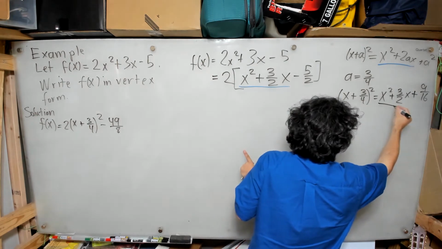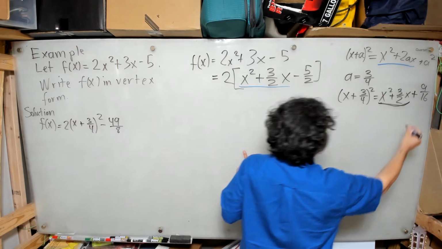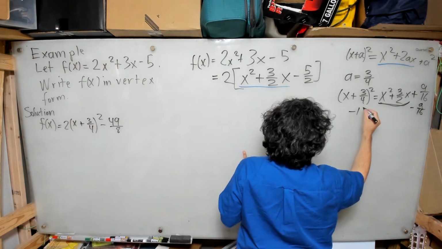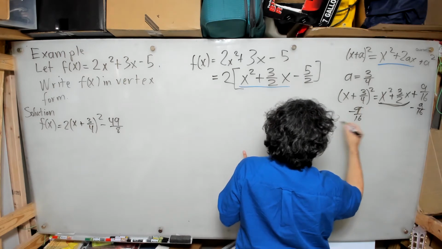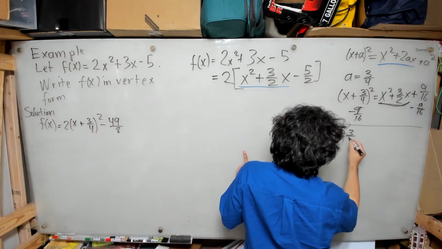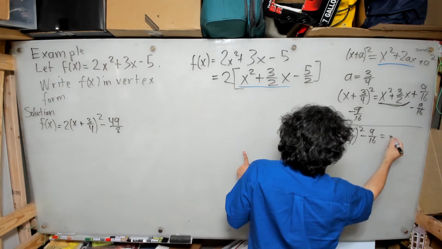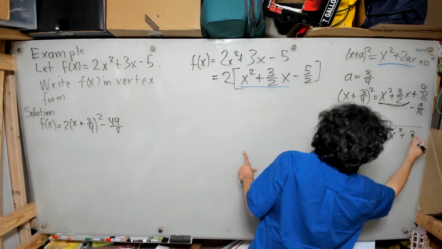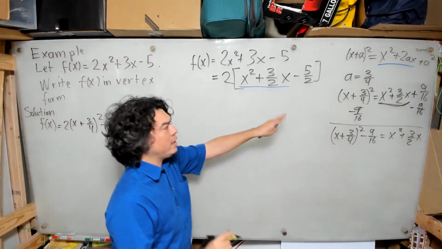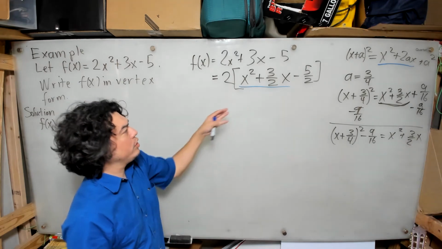But we're where we want to be now, because look at this. I can solve for this expression if I subtract the 9/16 from the other side. So minus 9/16, and we get x plus 3/4 squared minus 9/16 is equal to x squared plus 3/2 x. Now we take that side work and bring it over to this part here.